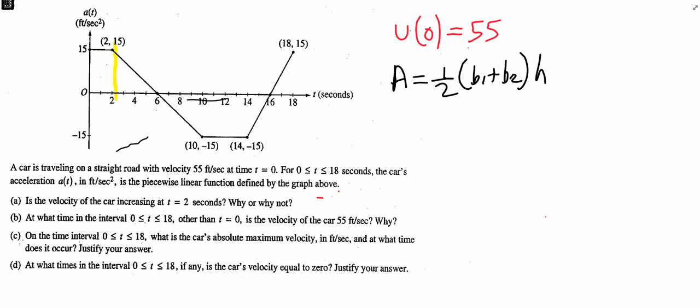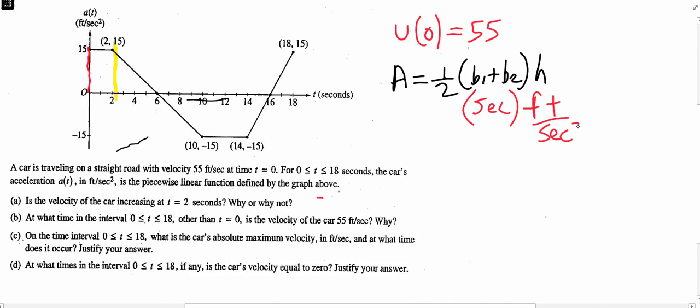My base is in seconds, and my height is this axis, which is in feet per second squared, right? If I examine the units, seconds squared gets knocked down to seconds, and the seconds cancel out, so the area underneath this curve is feet per second. Area is feet per second, which tells you that it's equal to the velocity.